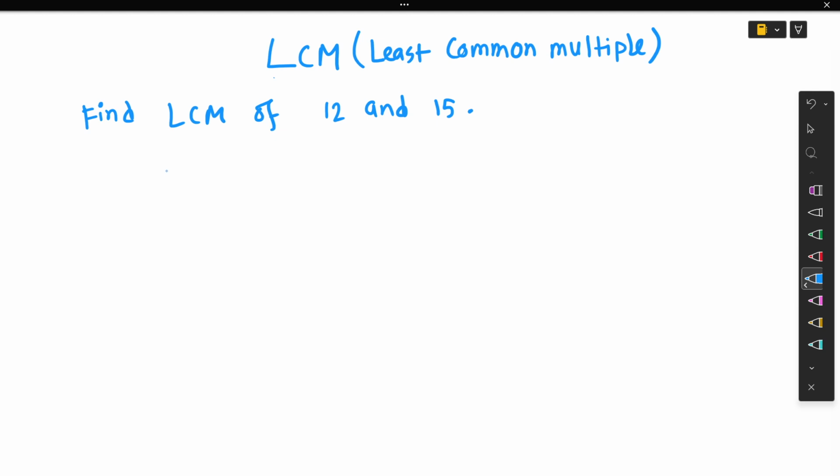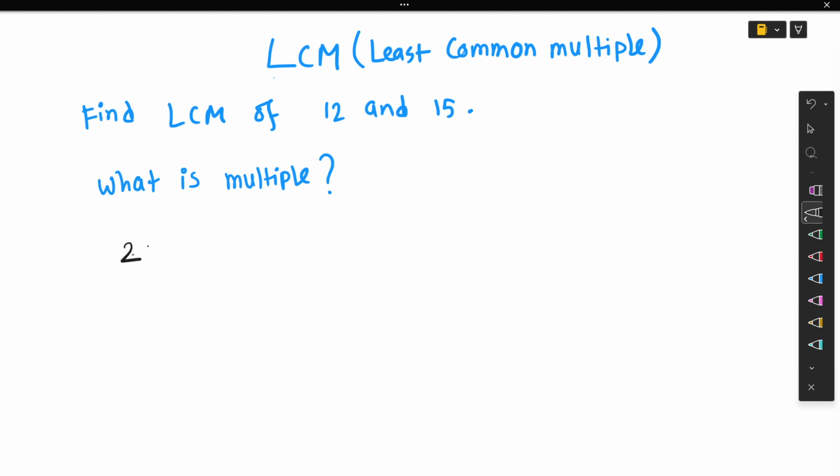Okay, now first we have to understand what is multiple. Let's say, what are the multiples of 2?